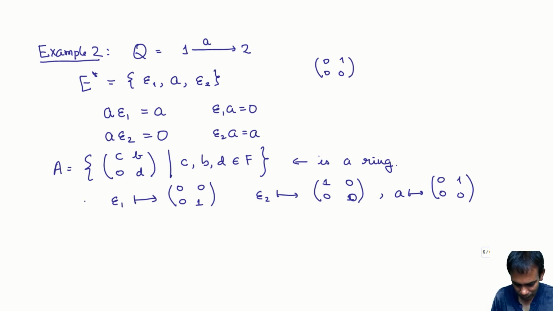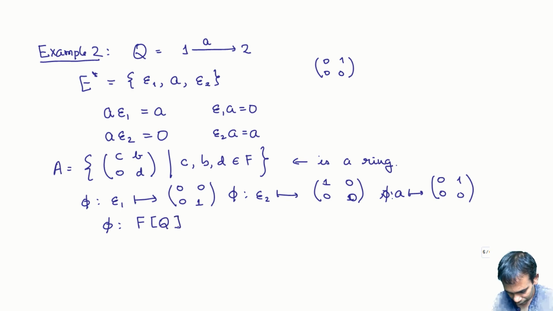Let's call this map phi. It is defined on a basis element, so this gives rise to a map phi from FQ to A.